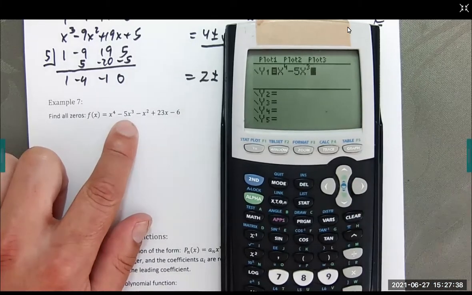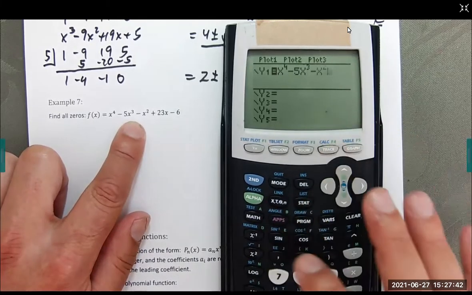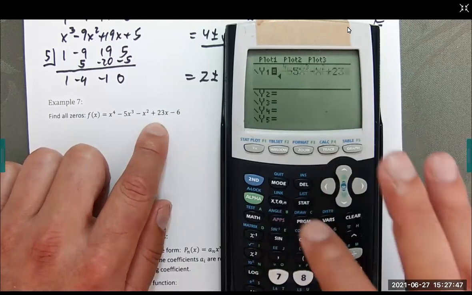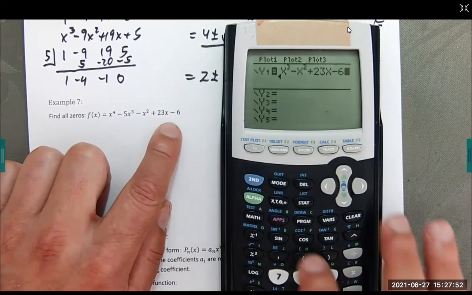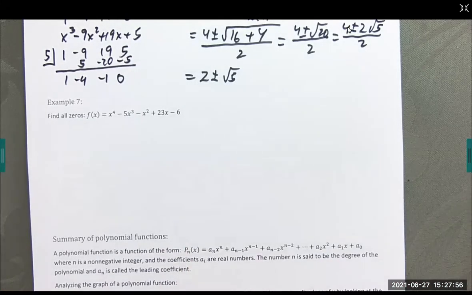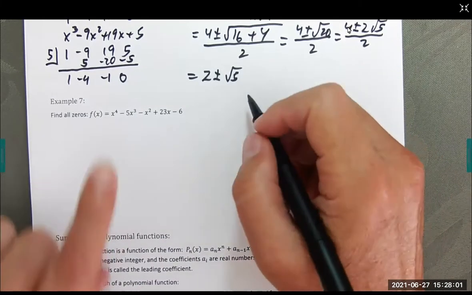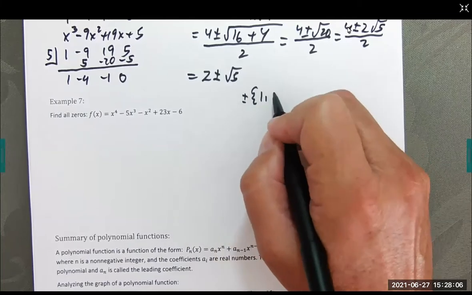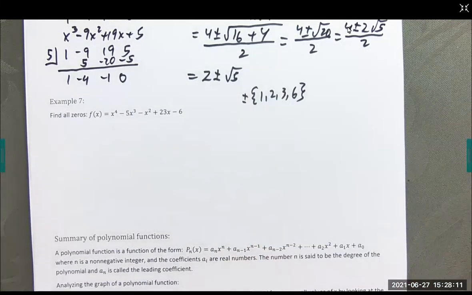Your calculator may not do that. And let's list out all of our possible zeros. In this case, the coefficient's 1, so that's inconsequential. So we have plus or minus 1, 2, 3, or 6. These are all the possibilities here.